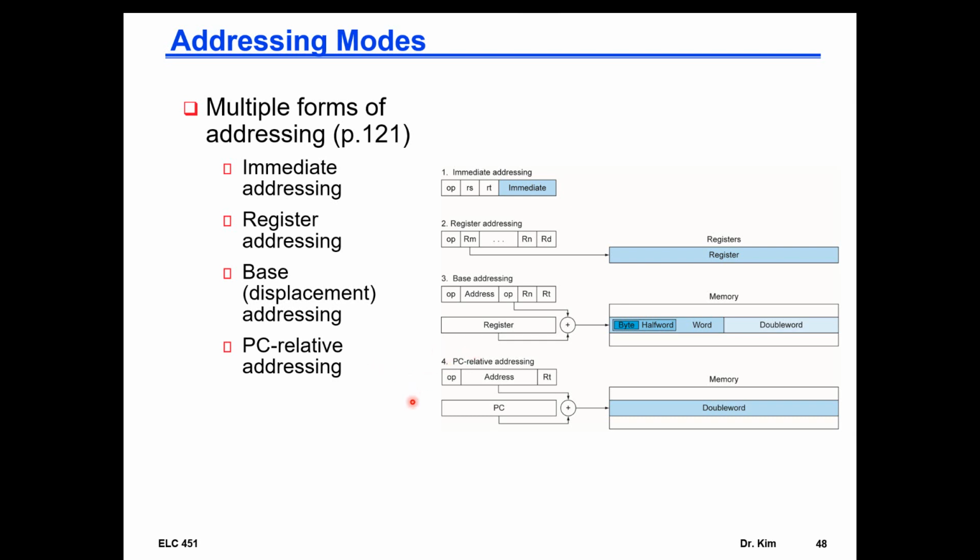So that uses the contents of the program counter combined with an immediate address, and that's how you get to the address where you're going to jump to or branch to. So those are two different and important concepts to understand, and understand that they're different. Addressing formats or addressing modes versus instruction formats.